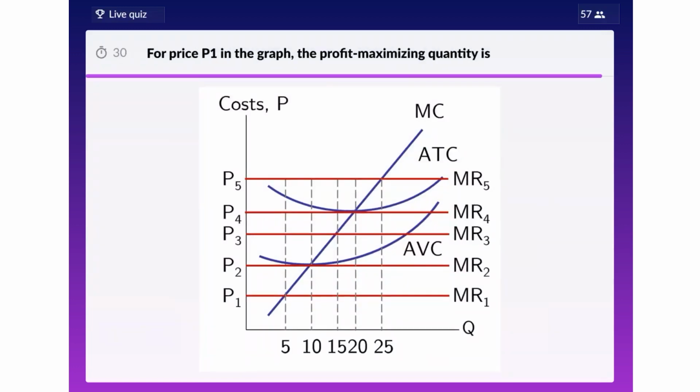So for P1, what is the profit maximizing quantity? 5, 10, 15, 20, 25. Which one?